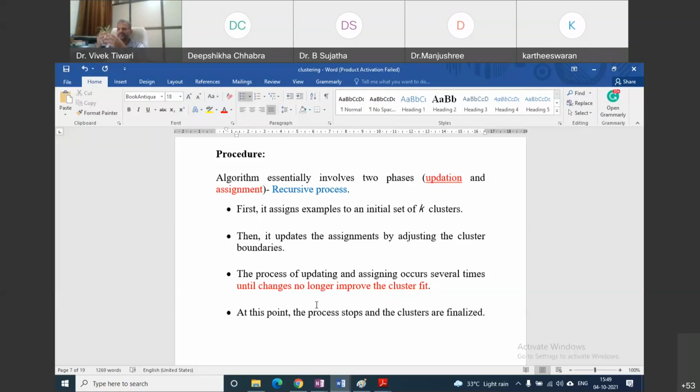So after some time, the clusters become saturated. So the clustering fit criteria will become stable. It doesn't change. So we should stop it. So that is the last point written. At that point, the process is stopped and the clusters are finalized.